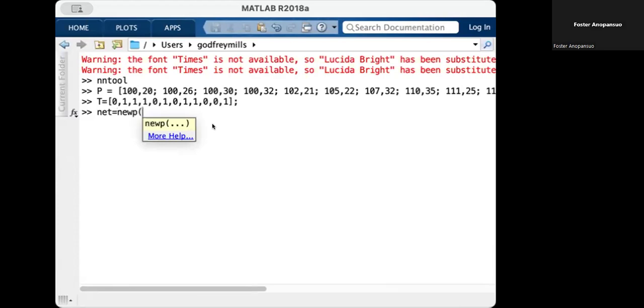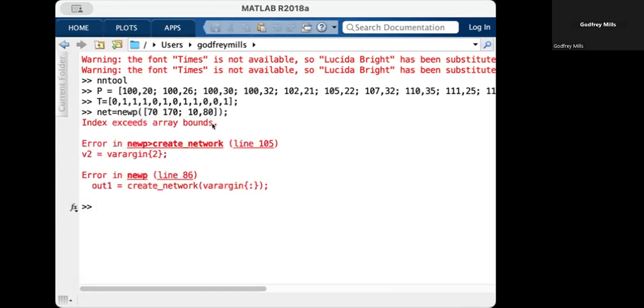Then I define my range. Let me define my input range as this. S1 is this, and then the next one is 10, and then 80. Oops, what have I done?